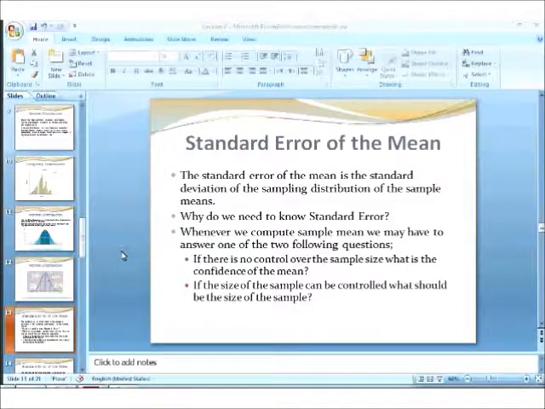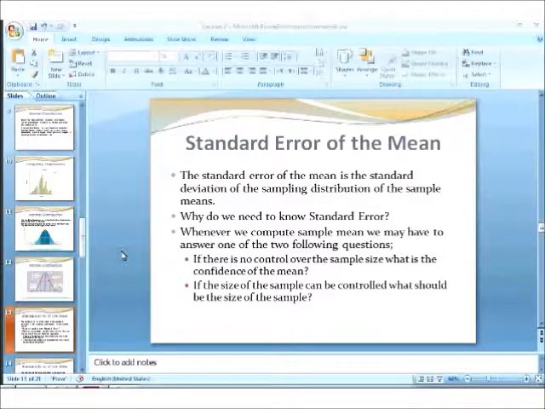And then let's say the size of the sample can be controlled. I'd say, okay, I have collected 10 data points and those 10 data points are fine, they are enough, they represent the population. Is it true? Is it so? What should be the size of the sample?